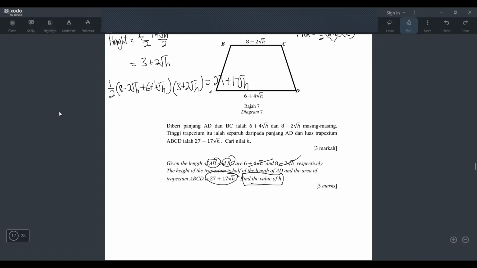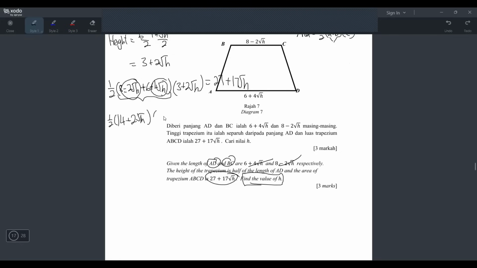So how to do this question? Okay, first of all, I notice dalam sini boleh buat, right? So number dengan number boleh tambah. So 8 plus 6, 14. So I'm gonna write 1 over 2, 14. And then negative 2 square root h dengan 4 square root h boleh buat, sebab square root h dengan square root h boleh buat. So what is negative 2 square root h plus 4 square root h? Negative 2 plus 4 is 2. So it will be 2 square root h.